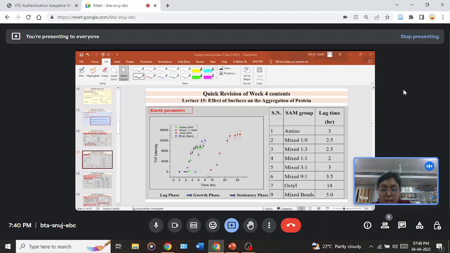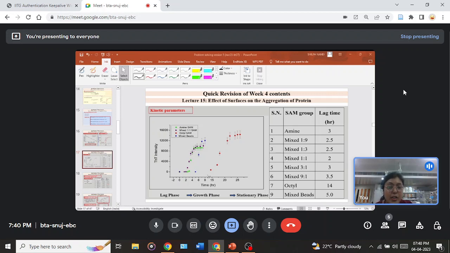You can see which of these has the highest lag time, and which the lowest, from the first graph. The red one, that is the octyl SAM, has the maximum duration of lag time, right?